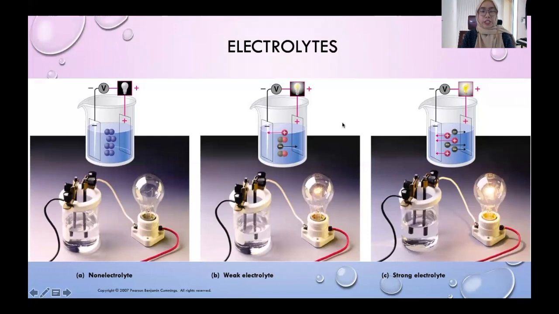In the next section, we will analyze the characteristics of compounds that can break down into positive and negative ions and become electrolyte, and the compounds that cannot break down and will be non-electrolyte. So see you in the next video.